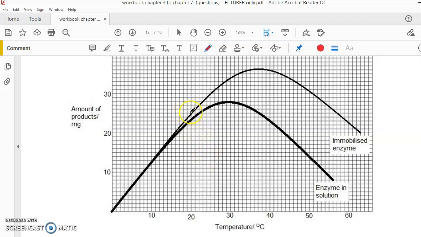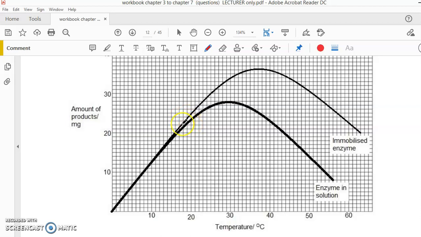We can say that both of the enzymatic reactions show that enzyme activity increases as temperature increases, but up until to what extent?